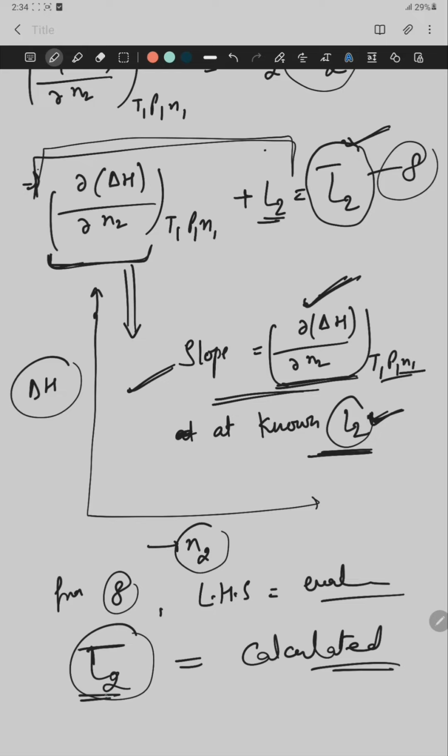So L2 bar, that is the relative partial molar heat content of solute in any solution, can be easily calculated using equation number 8. So this is for when we are using any solution.